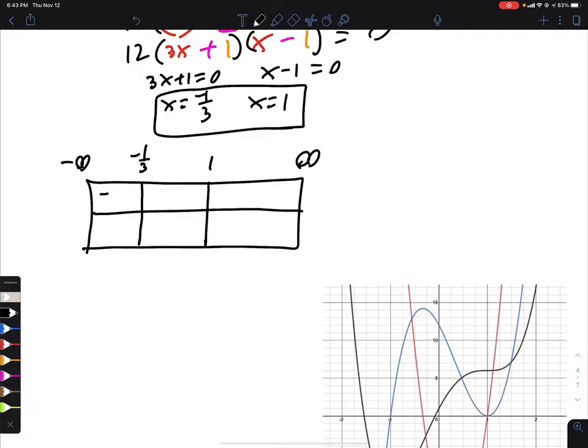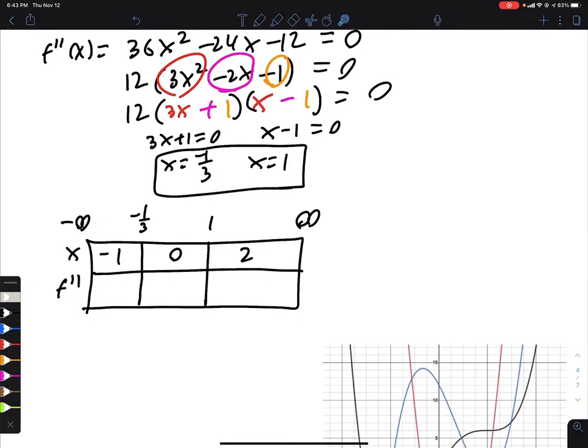I'll pick negative 1, 0, and 2. And what tells me inflection points in concavity? The second derivative. So I'm going to plug these in. Negative 1: if I put a negative 1 here, that's negative 3 plus 1, that's negative. If I put a negative 1 there, that's negative 2, that's negative.